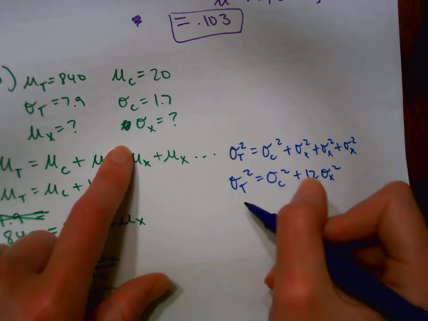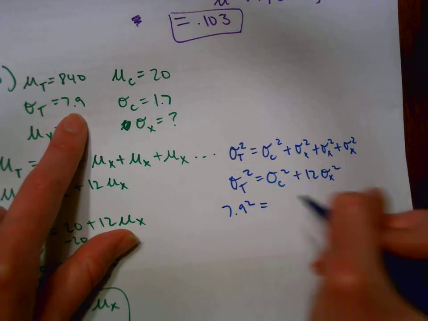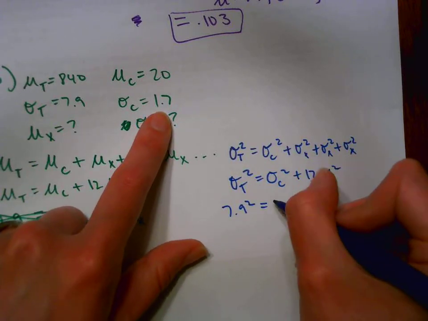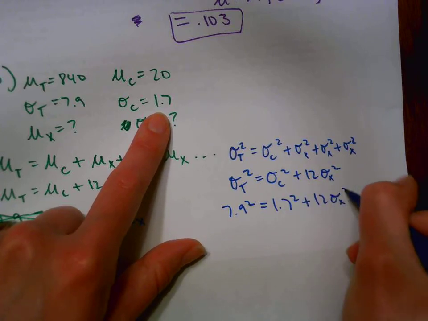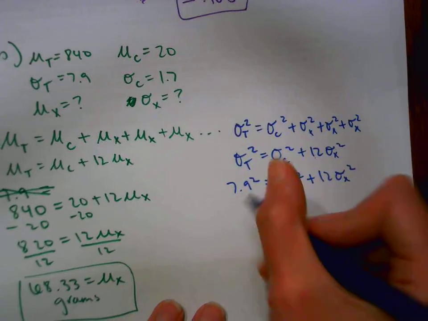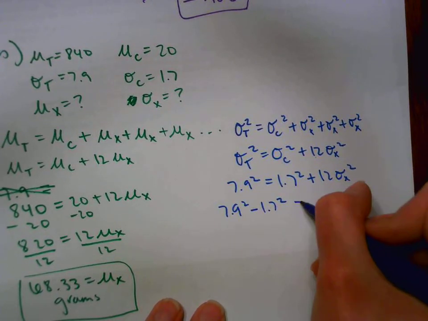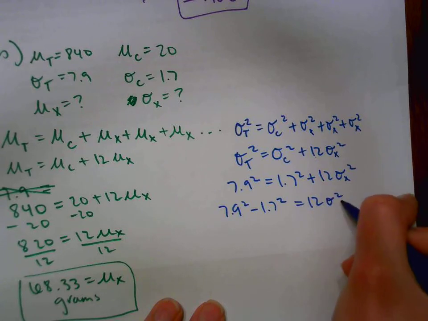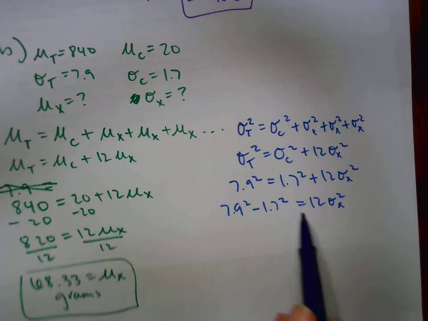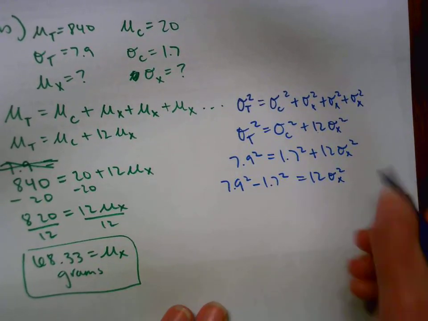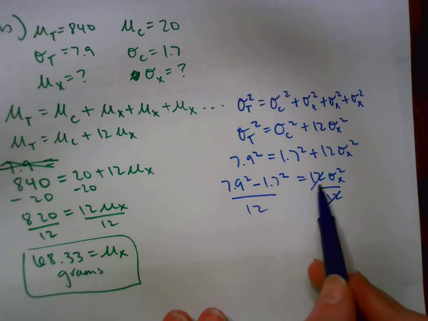So now we just plug in our stuff. The variance of t, 7.9 squared, equals the standard deviation of c, 1.7 squared, plus 12 times the standard deviation of x squared. So we can do 7.9 squared minus 1.7 squared equals 12 times standard deviation squared. And you could just divide by the 12. Notice I didn't square the 12.